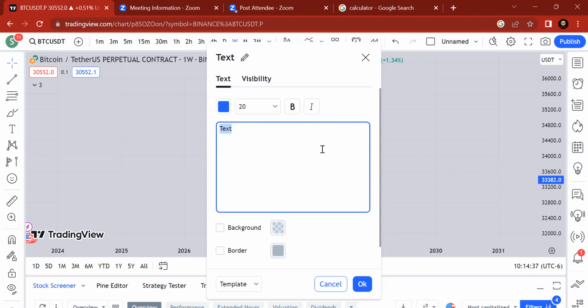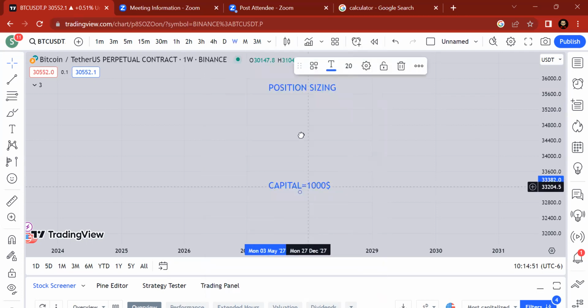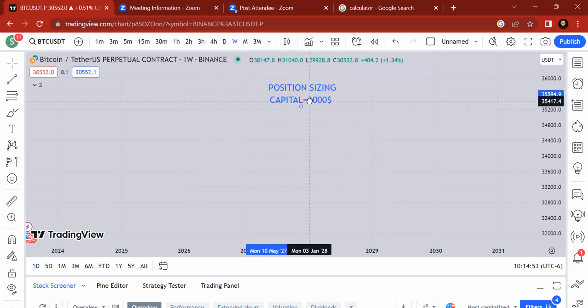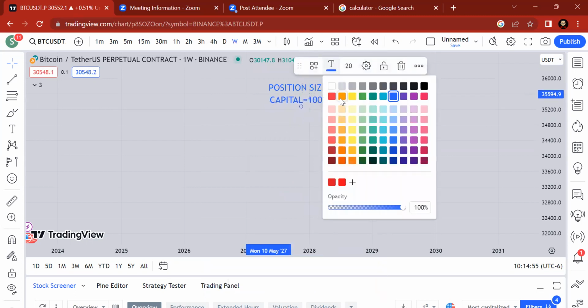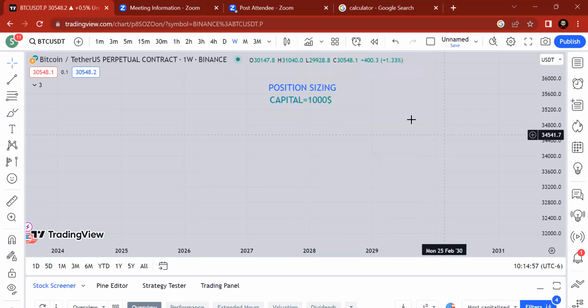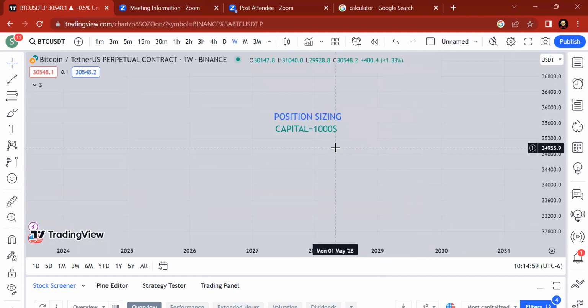Position sizing, I will give you a simple example here. Assuming I have a capital of $1,000. This is my capital here. Now, the second thing is, how much should I risk on each trade?